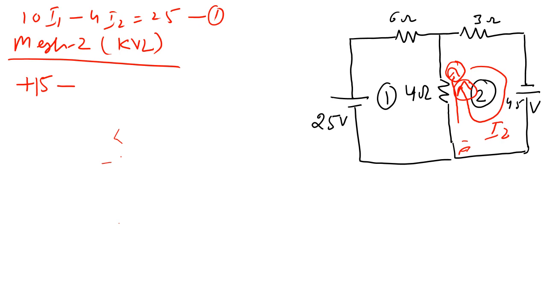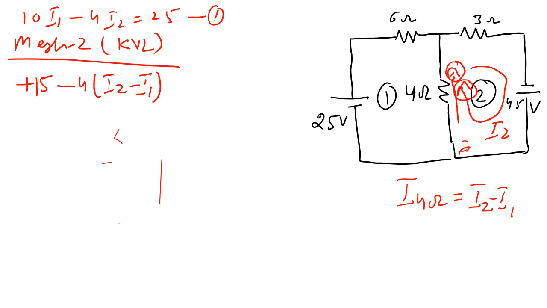And the current passing through the 4 ohm, if I am using KVL in mesh 2, the mesh 2 current will come first. So here it will be I2 minus I1. So here it will be 4 times I2 minus I1 in the bracket, and then the loop direction will come here, and this is the direction of I2 in mesh 2.